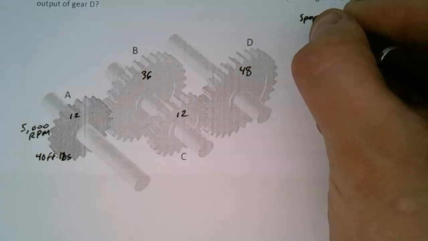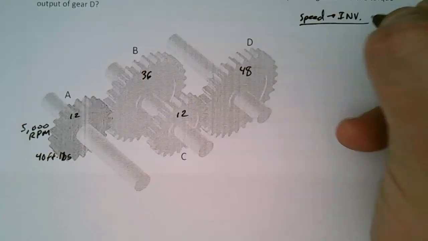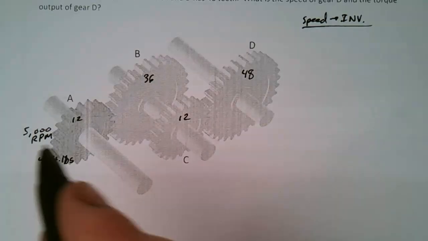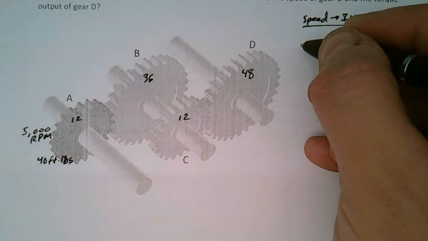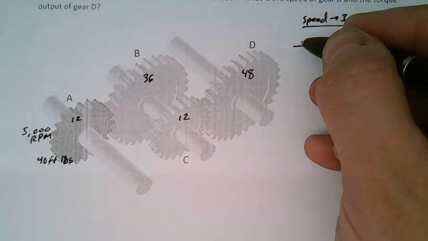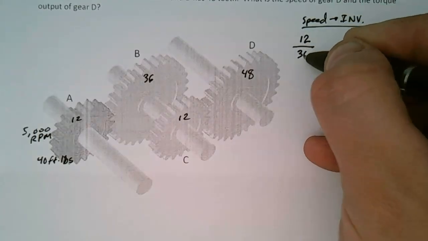So here's speed. I'll remind you, speed is an inverse proportion. So that means on the left-hand side, if you put A over B, the right-hand side has to be B over A. So I am going to say, for speed, I'm going to go A over B. I'm going to go 12 over 36 for the gear teeth.